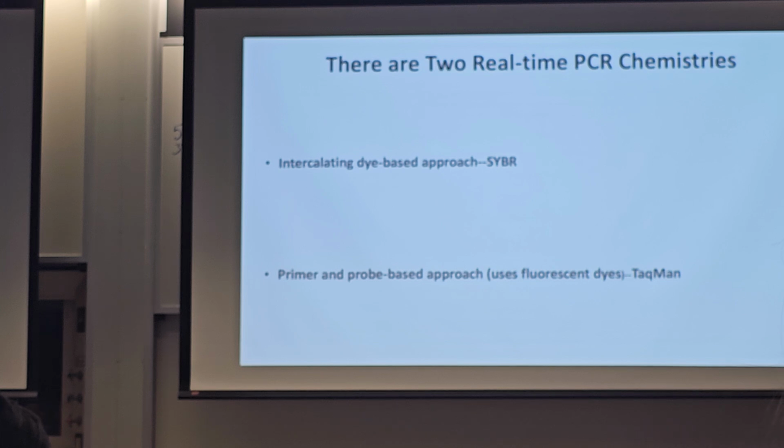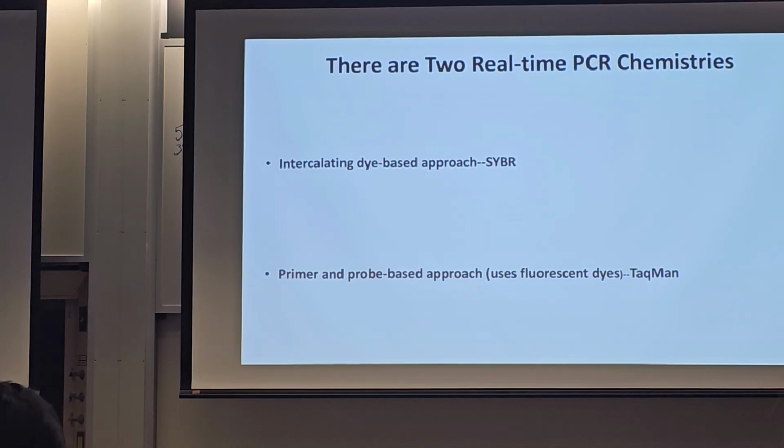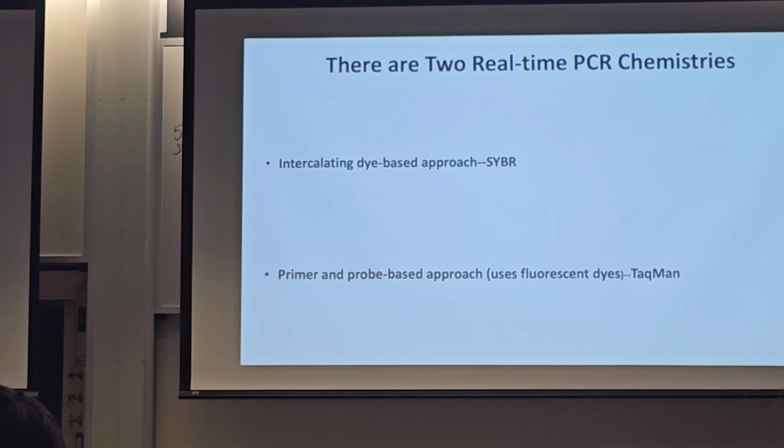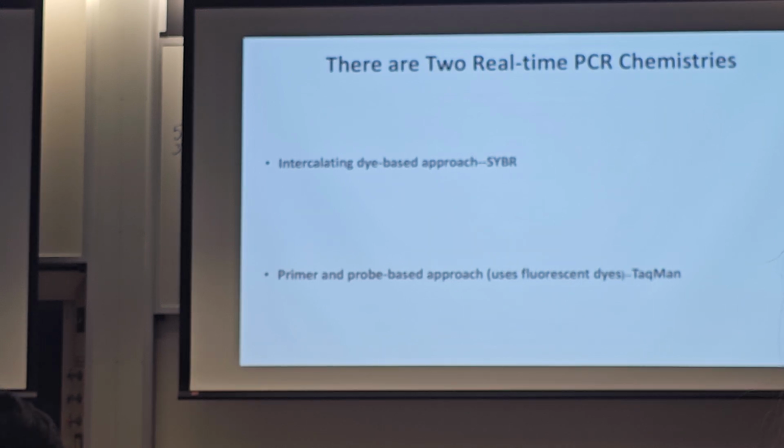It works by binding to double-stranded DNA, and it's called an intercalating dye because it inserts itself into the helix. It intercalates between the two strands. And so SYBR is referred to as an intercalating dye. So that's one way we're going to do it. We're going to use a dye that only binds to double-stranded DNA, not single-stranded.